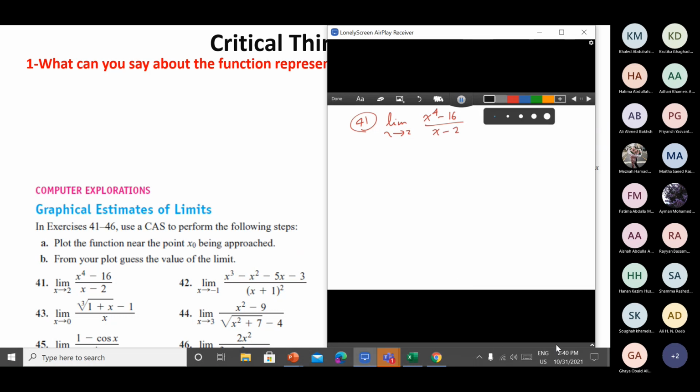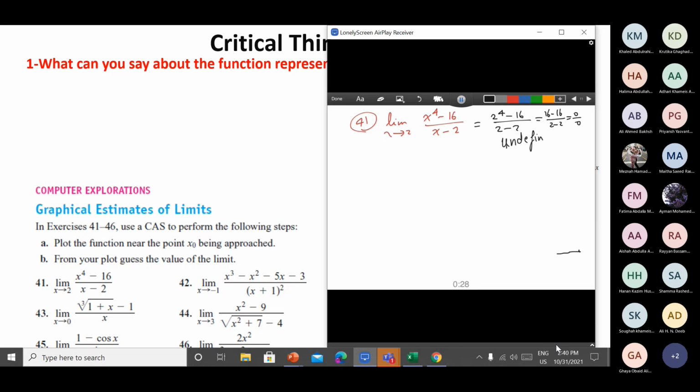If you substitute as you used to do, you will have 2 to the power 4 minus 16 over 2 minus 2. So you end up with 16 minus 16, because 2 to the power 4 is 16, over 2 minus 2. This is 0 over 0. As I said in the beginning, this is undefined.